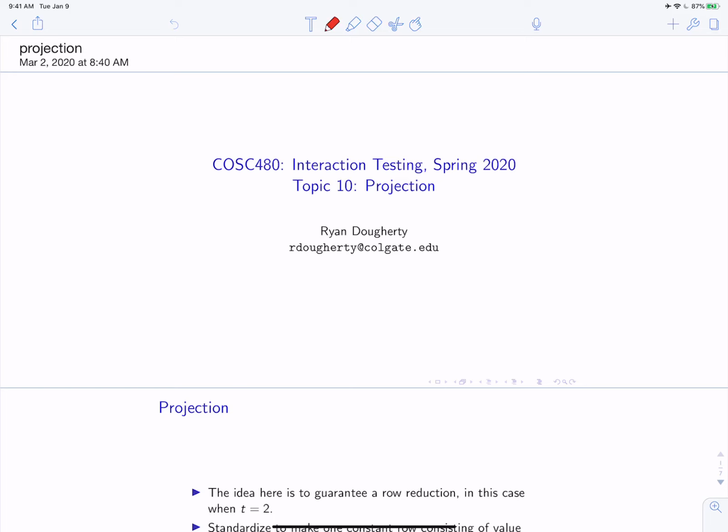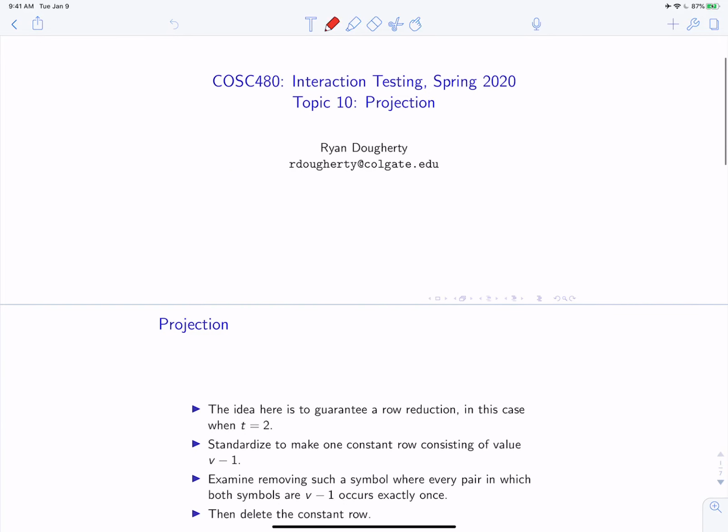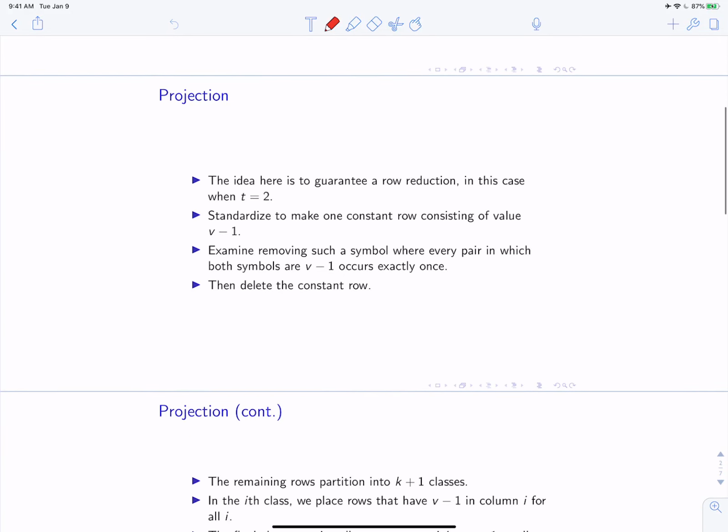So I'm only going to briefly talk about projection, and then we'll move into some more exciting stuff. So projection is basically the idea that, actually, what have we done so far? What we have is, let's say we want to get a bound like CAN(t,k,v) less than or equal to something.